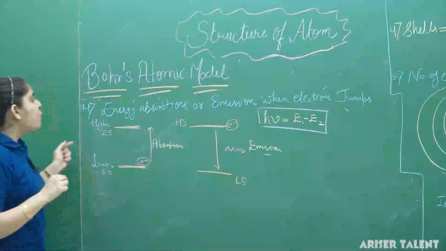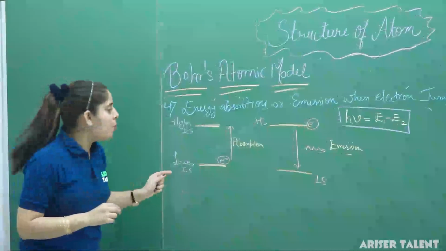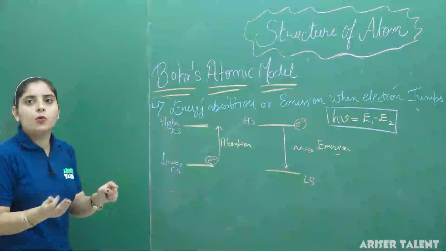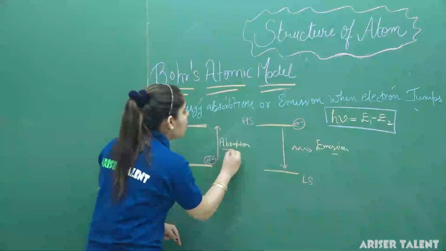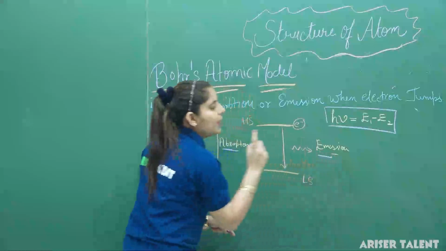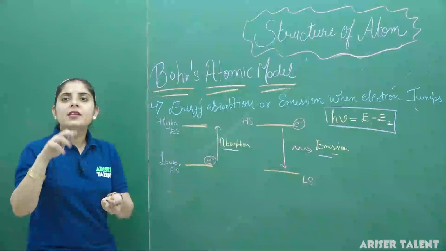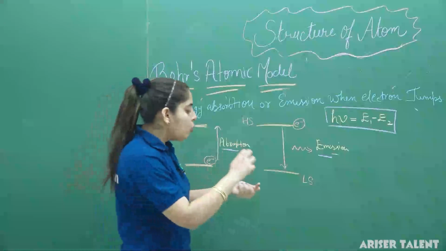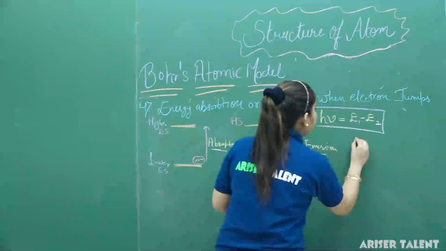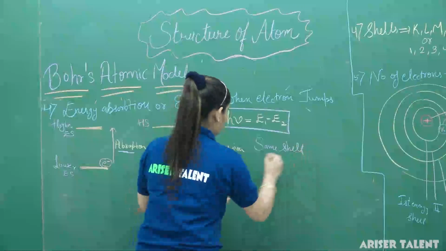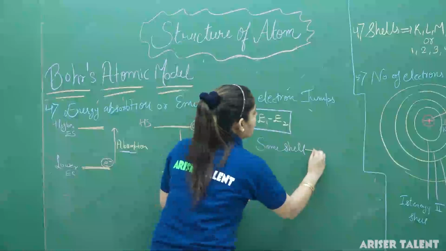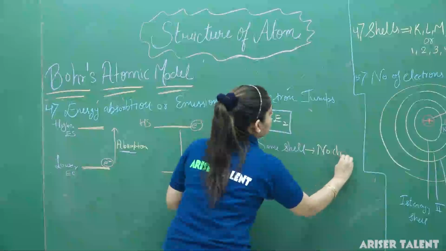So it is the fourth postulate of the Bohr's atomic model that when an electron jumps from lower to higher or higher to lower, there will be absorption or emission of energy. If the electron keeps revolving in the same shell, there will be no change in the energy.